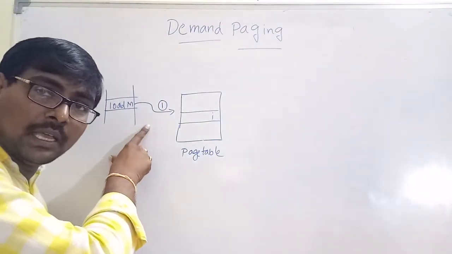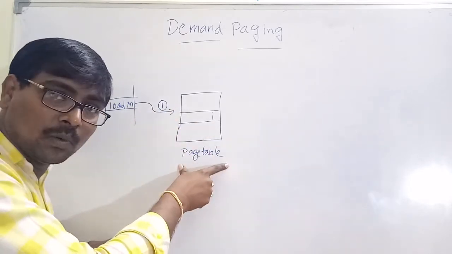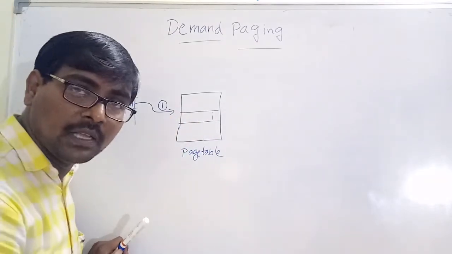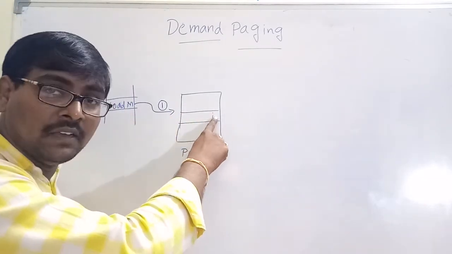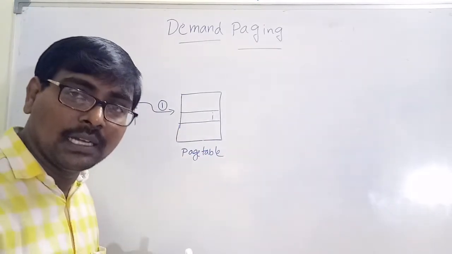Now, whenever a page fault occurs, what to do? First, make a reference to the page table. If the reference is valid, no problem, that is not a page fault. If the reference is invalid, it means the page is not present in the memory.